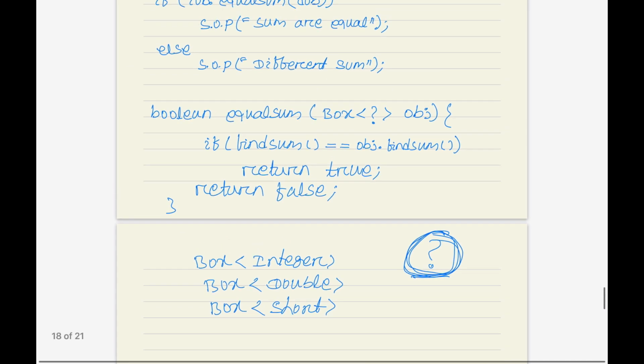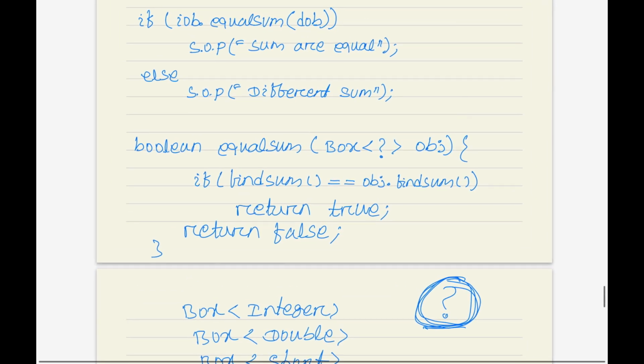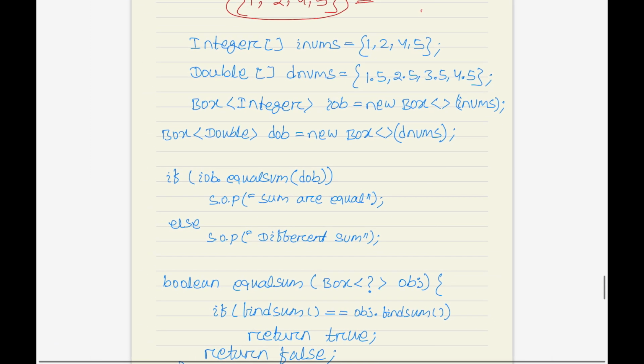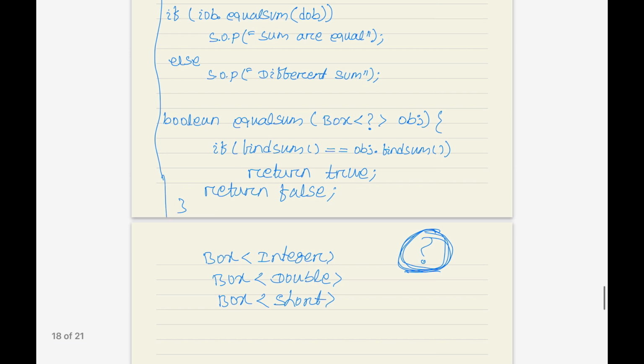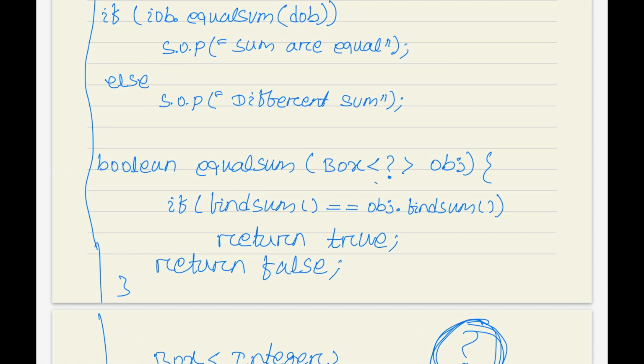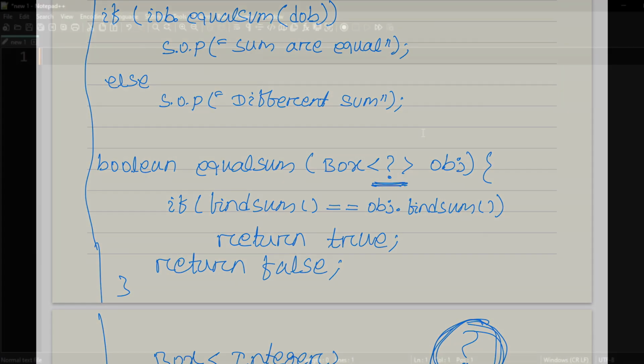Now we are going to see the complete program and check how it actually works. So this concept is known as wildcard. Wildcard represents the unknown type.